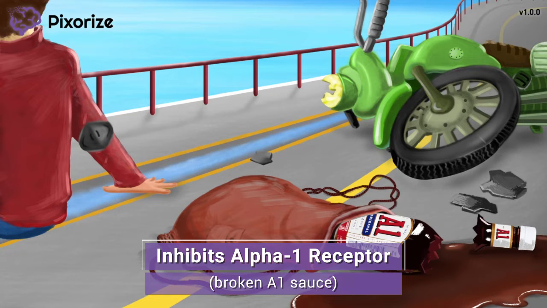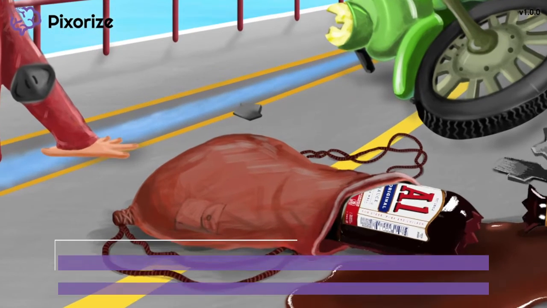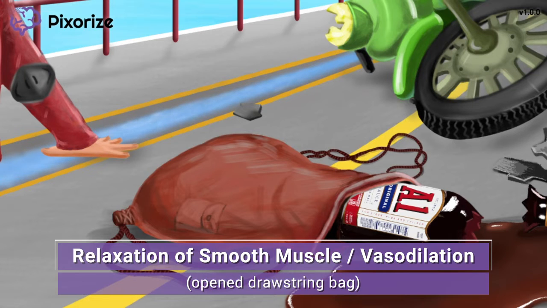Well, let's find out. Next, take a look at this red drawstring bag that the A1 sauce came falling out of. You can see why the sauce fell out, since the bag came loose and opened in the crash. This open or widened opening of our drawstring bag is our symbol for vasodilation, or relaxation of smooth muscle, the major effect caused by blocking alpha-1 receptors.